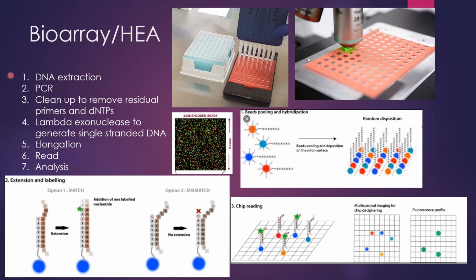You can also see there's a lot more steps in this assay, so it was very time-consuming, but it was the same type of methodology. You do your PCR, and then you bind your amplified DNA to your beads, in this case, chip, and if the complementary sequence was present, it would bind to the bead, and if it was not, then it would not.